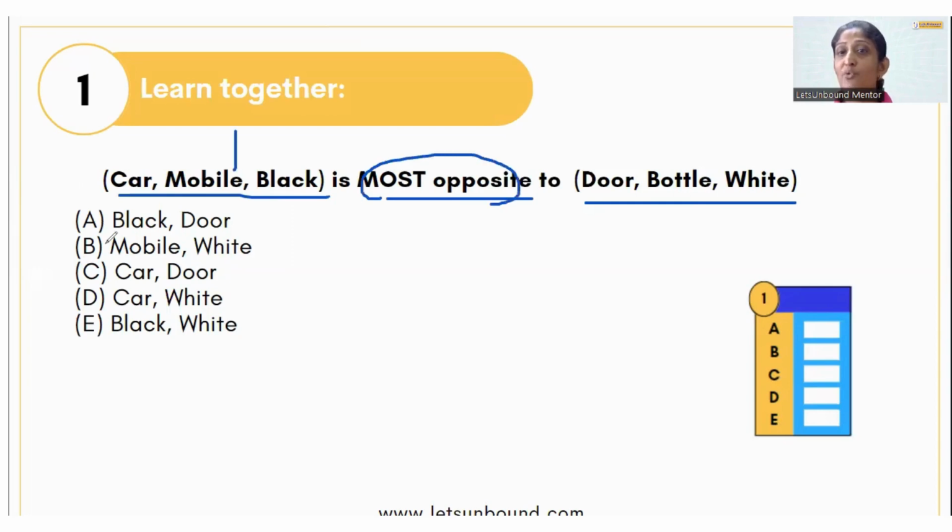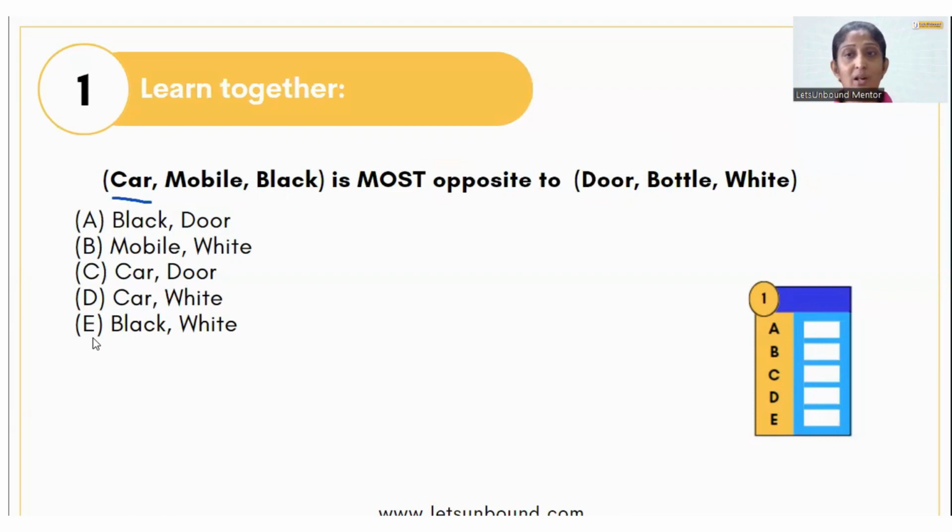So we have to choose the opposite word of this bracket to the opposite word which is perfectly matching in the second bracket. Now in the first bracket, we have three options: car, mobile, black. Then the question is most opposite to, and in the second bracket, we have the options door, bottle, and white. So let us check for each of the options.